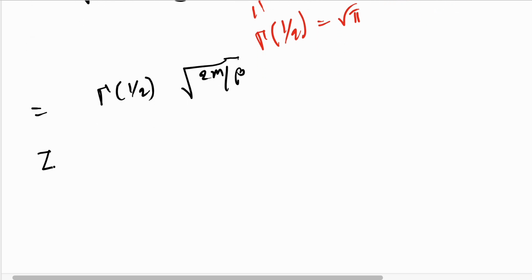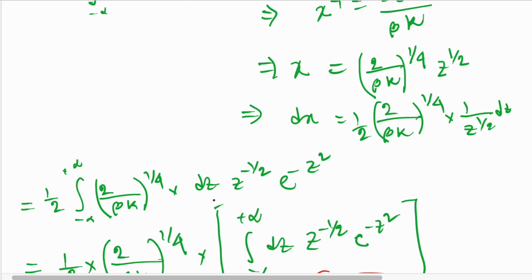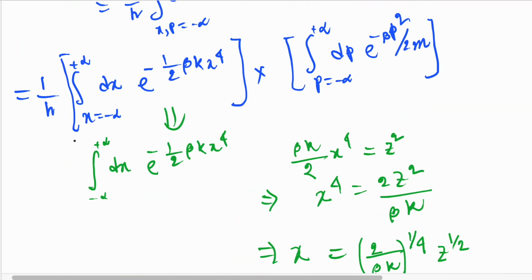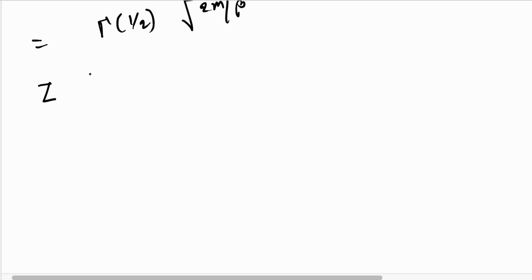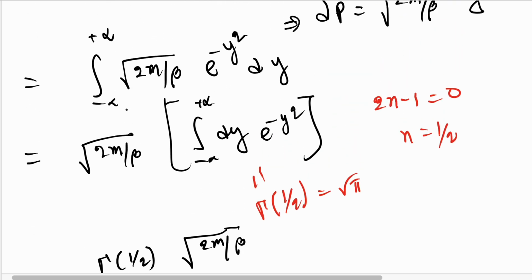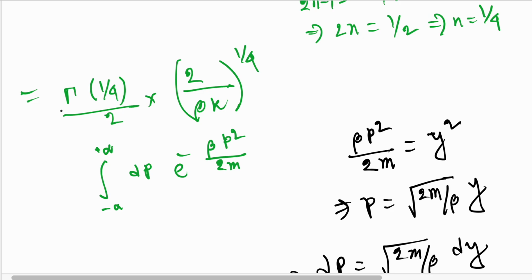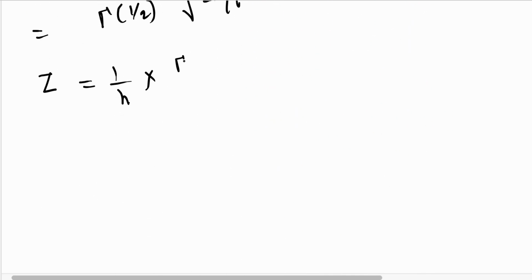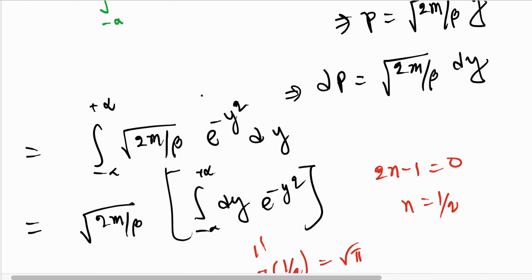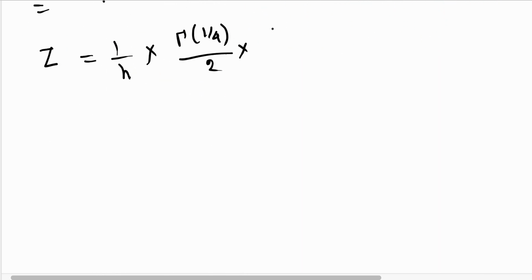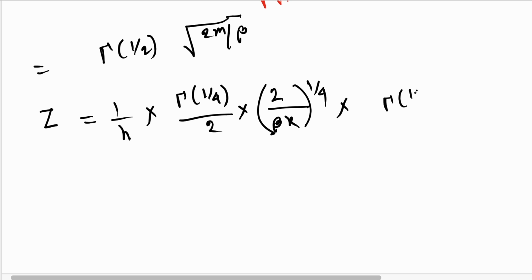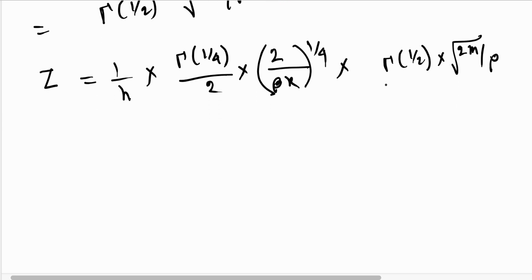That means our z for a single particle will be 1 by h into the value of the first integral. The value of the first integral is gamma 1/4 by 2 into 2 by beta k to the power 1/4, and the second integration value is gamma half into root over 2m by beta.